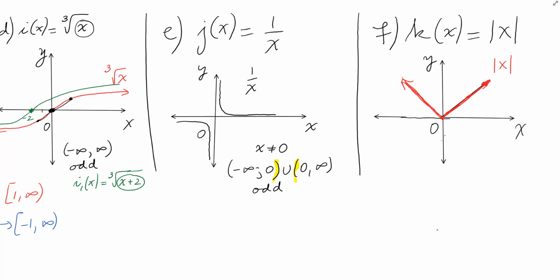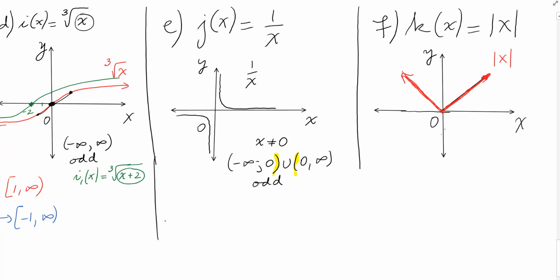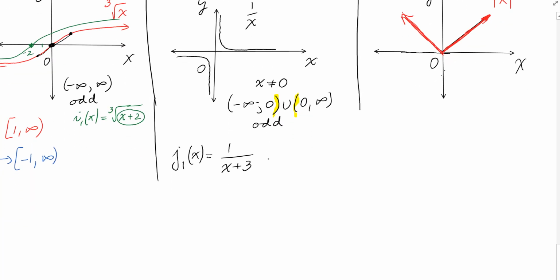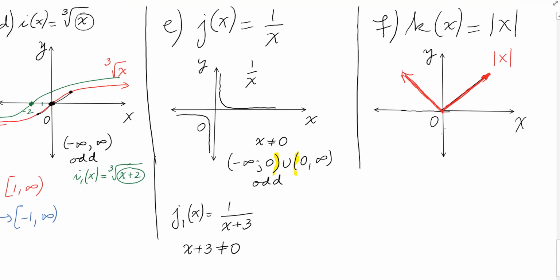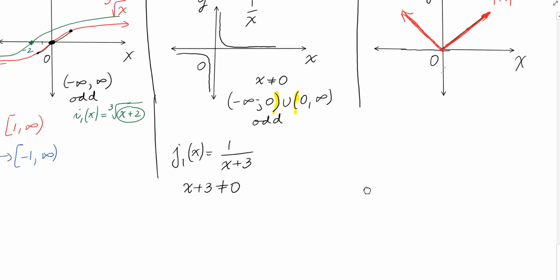Now, something that I want to discuss, if we have combinations of this function, is, for example, j sub 1 of x equals 1 over x plus 3. What would change with the domain? Well, x plus 3 cannot be 0. So in order to find the domain of rational functions, functions that have a numerator and a denominator, we always set the denominator equal to 0, and that will give us x equals -3.